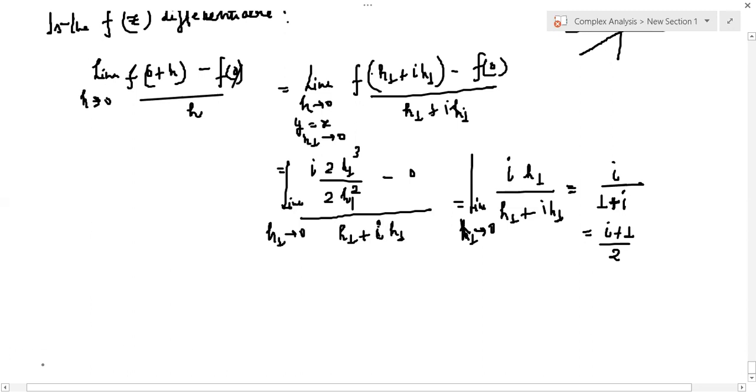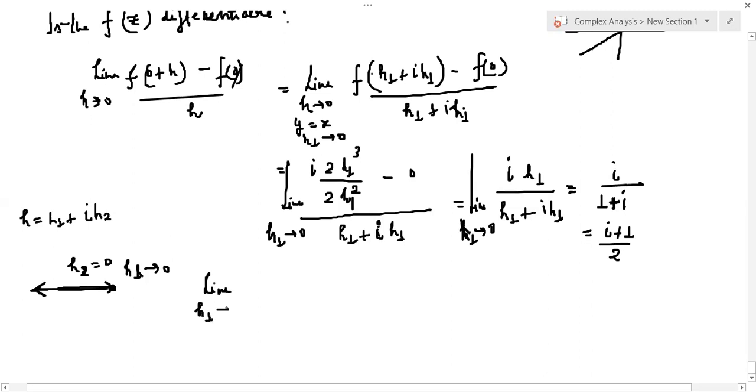Now let us take another path. Let us take the path along the x-axis. If I approach 0 along the x-axis, and I'm saying h is equal to h1 plus iota h2, then h2 should be equal to 0, and h1 tends to 0. So let us come back to the limit.